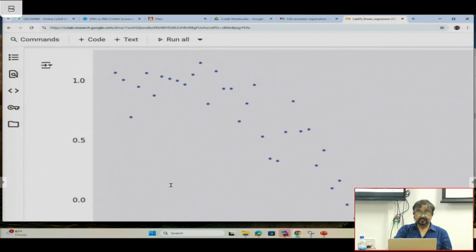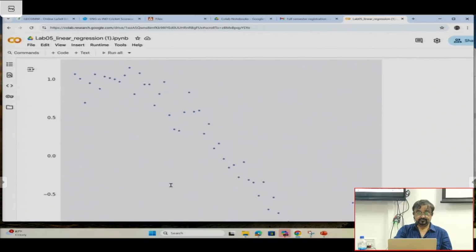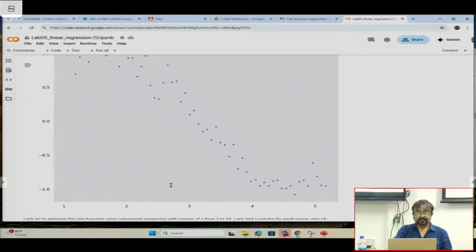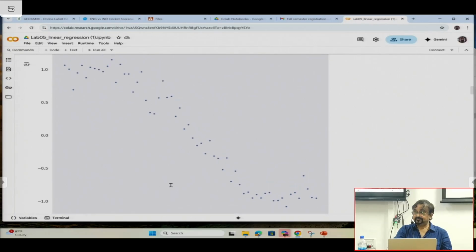Here is what the data looks like. Can you all see it? Now I'm giving you this data to do a least squares fit.